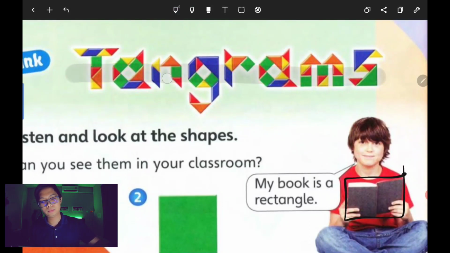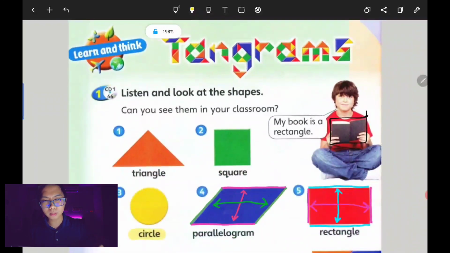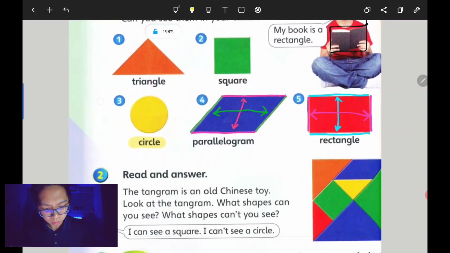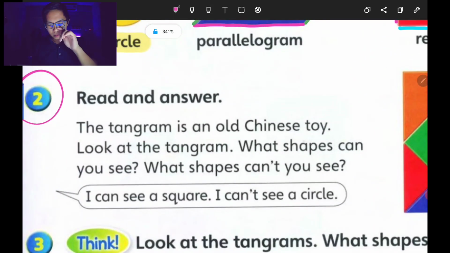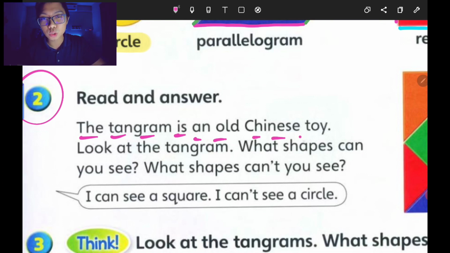Tangrams. Oh, so what are these? Actually, if we go to activity 2, on activity 2 there is a short explanation. Okay, ada penjelasan yang pendek lah. The tangram is an old Chinese toy.